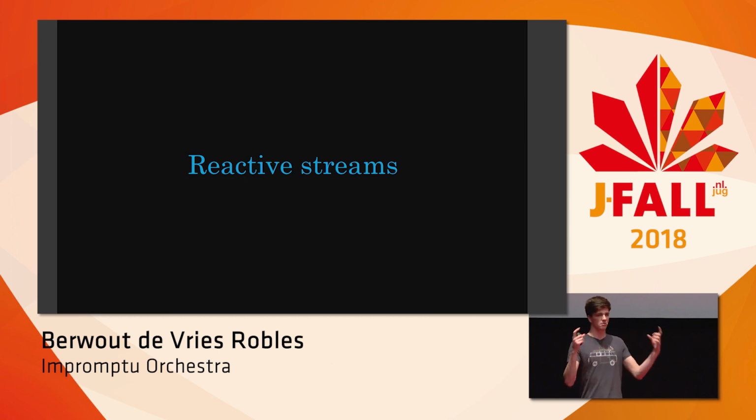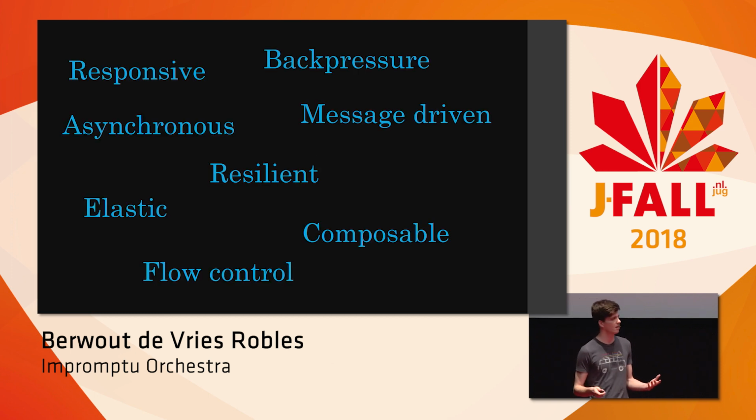The concept of server sent events became what we call reactive streams, because we now have these streams of data that we can use over a single HTTP2 connection. When you go reading for reactive streams, this is sort of the terminology you would get. It's responsive, it's resilient, it's composable.